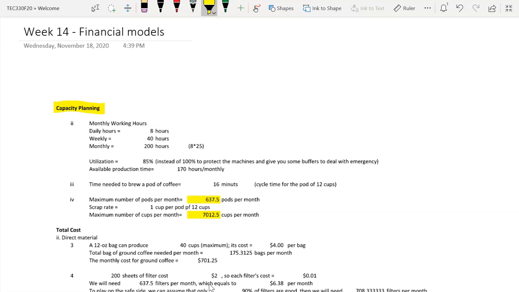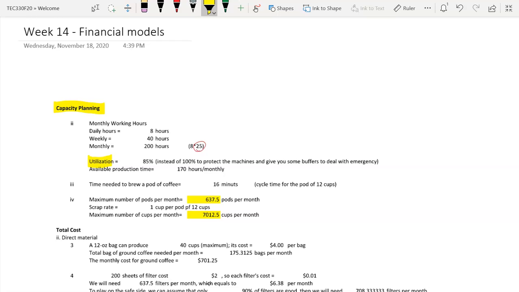So first of all, regarding the work hours, we are talking about 8 hours a day, 40 hours per week, which is 5 days, and then 200 hours. Here's the assumption: you are looking at 25 workdays per month, so you have 200 hours. But we are looking at the utilization. This is something we started talking about in the last video.